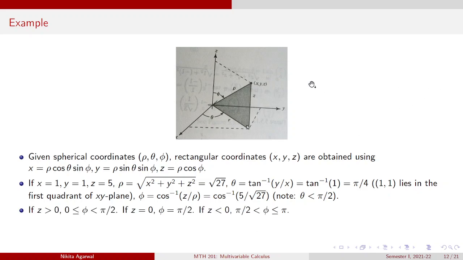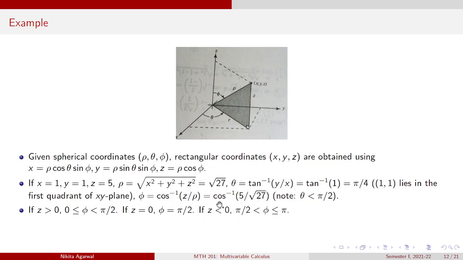Now if z is positive, meaning if you are above the xy plane, then phi lies between 0 and pi by 2, right? And if z is 0, that means you are on the xy plane, then this point is here, right? That means this phi is equal to pi by 2. And if you are below the xy plane, if z is negative, then phi is between pi by 2 and pi, right?